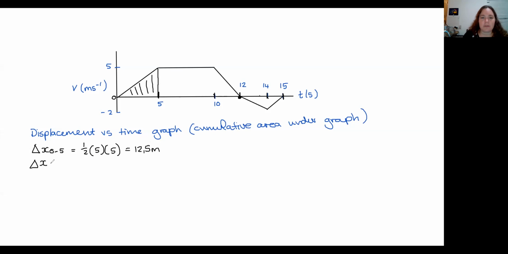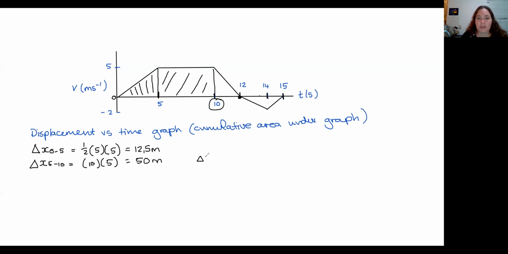My displacement from 5 to 10 seconds, this shape here is a rectangle, so it's going to be 10 times 5, which gives me 50 meters. Please note, at 10 seconds, we are not 50 meters away from where we started. We moved 12.5 meters forward as well as 50 meters.